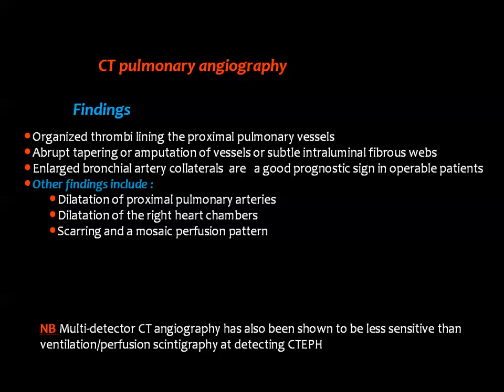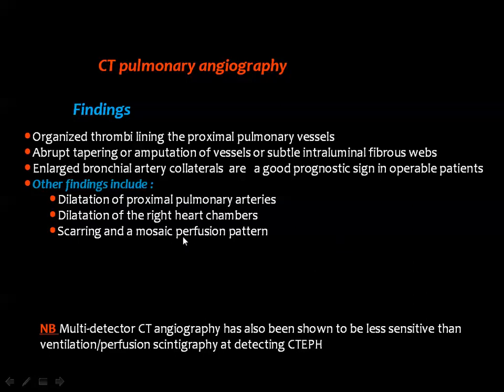And this follow-up should include the chest radiograph, the ventilation perfusion scan, which is very important, and the echocardiography. CT pulmonary angiography will show the emboli, like I have presented previously, as filling defects within the pulmonary vessels.